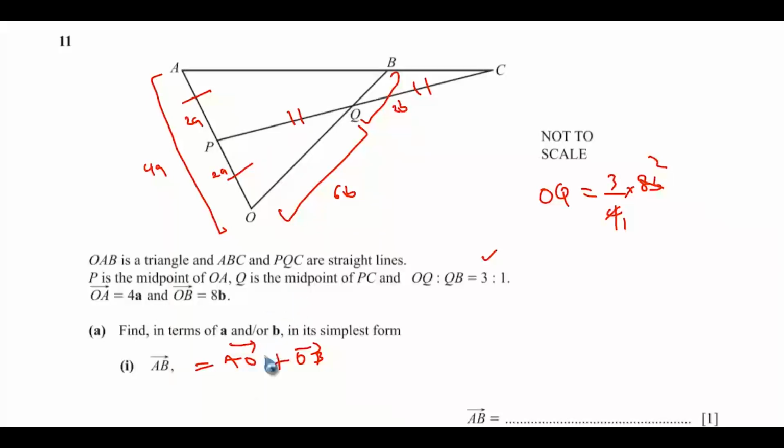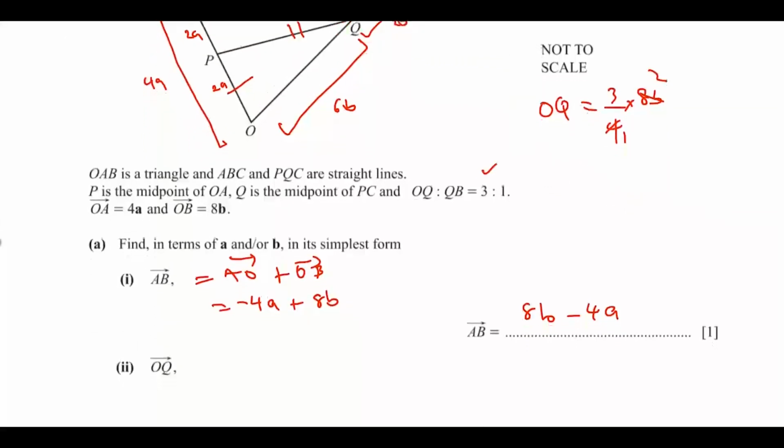OA is 4A, so AO will be minus 4A, then plus OB. OB is equal to 8B. So we can write the final answer to be 8B minus 4A if we write 8B first.